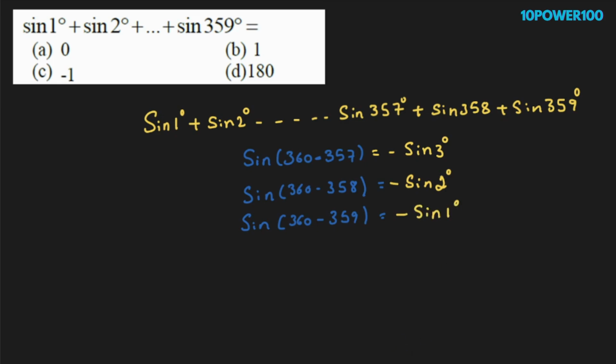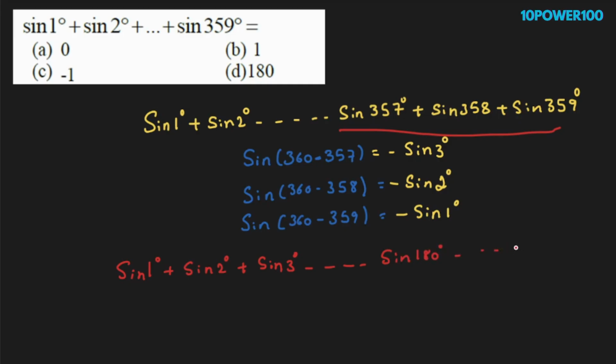Now if we replace all of these, let's write this: sine 1 degree plus sine 2 degree plus sine 3 degree, and so on. Here we get sine 180 degree. You understand the reason why I have written sine 180 degree in between.